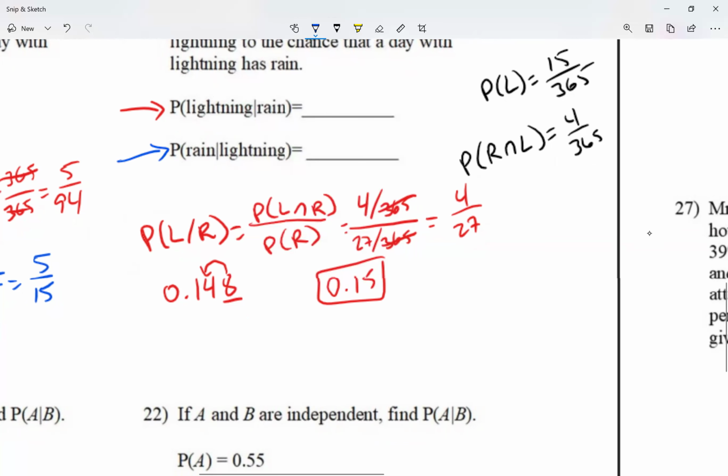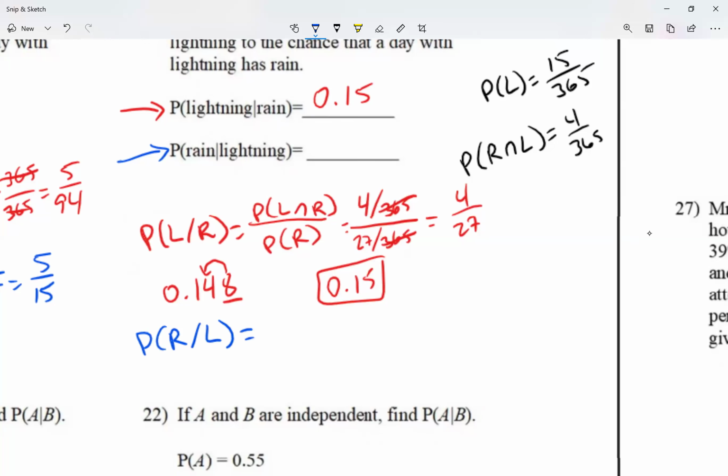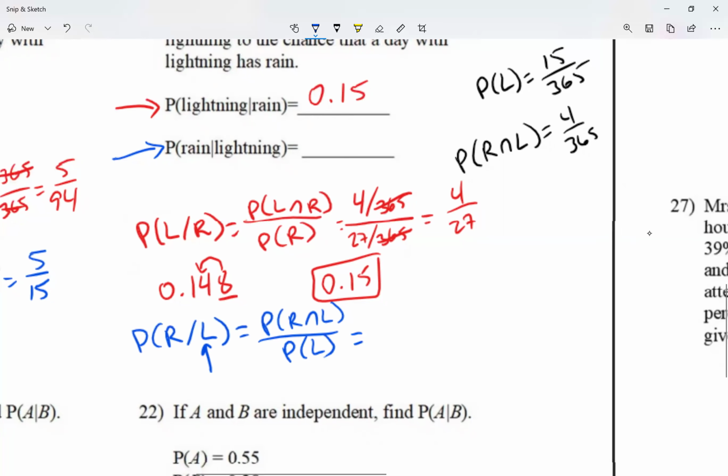Okay, let's take a look at the second one. What's the probability that it rains given that we see lightning? I know for this I had to do probability of rain and lightning divided by probability of lightning. Remember the second letter here, lightning. That's what goes to the bottom. So on the top, what's the probability that it rains and lightning? 4 out of 365.